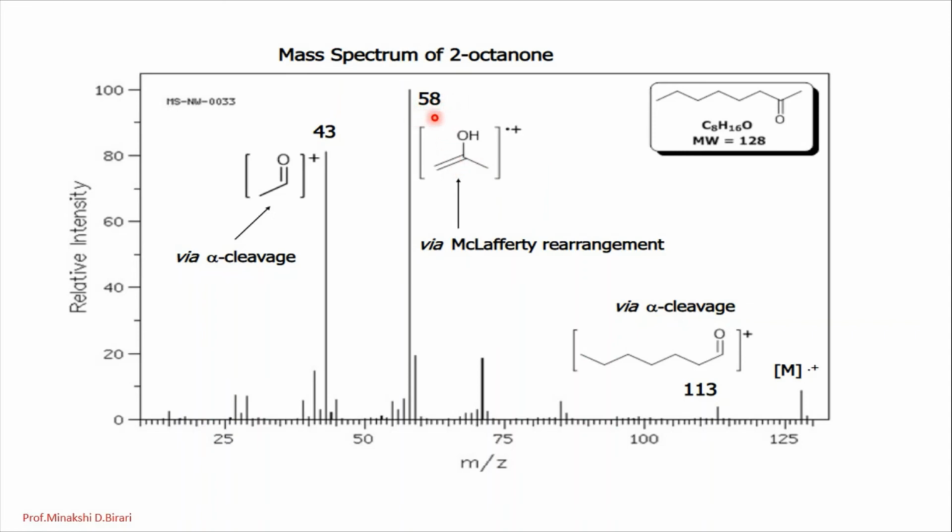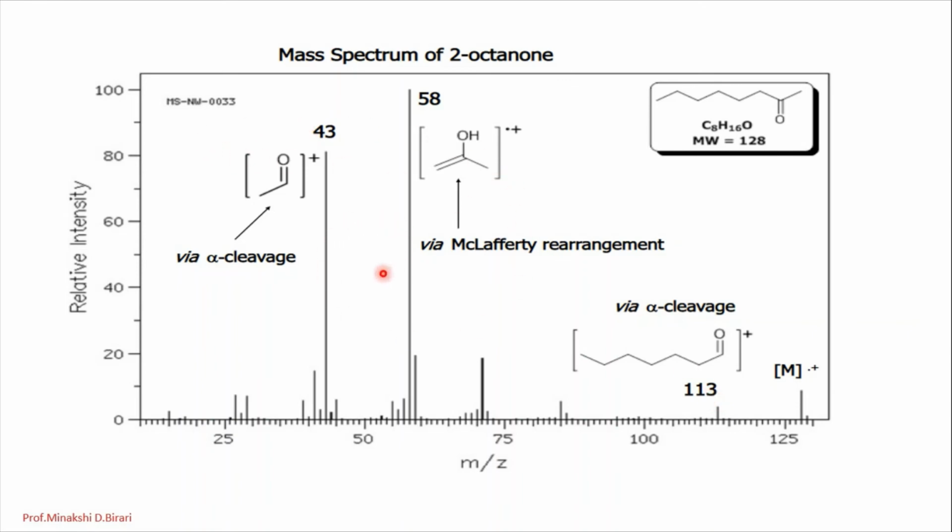So we can say this peak is also known as the base peak. It is due to the formation of the enol radical cation via McLafferty rearrangement. Whereas the molecular ion peak is observed here, and also via the alpha cleavage, another fragment is observed at mass to charge ratio 113. So this is the important mass spectrum.